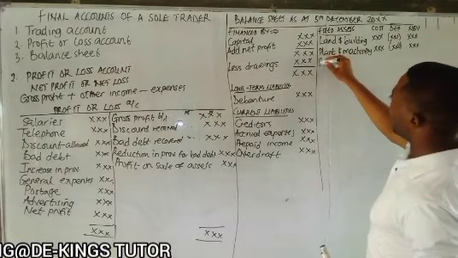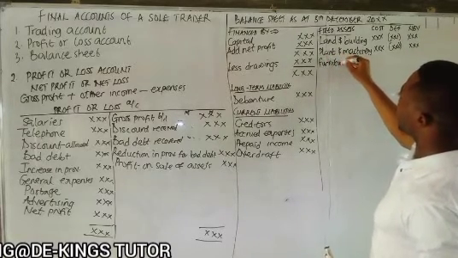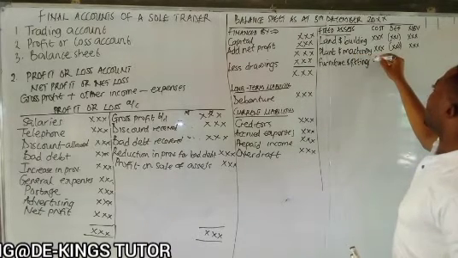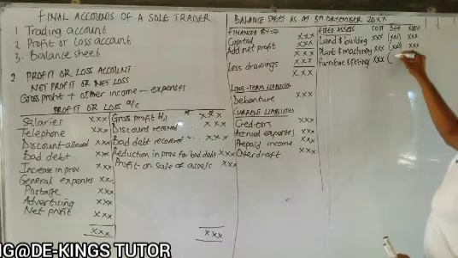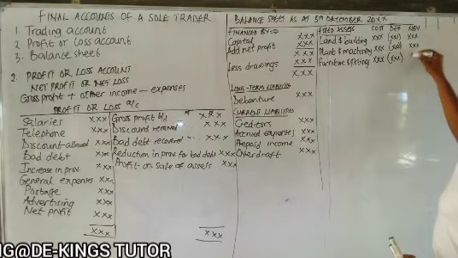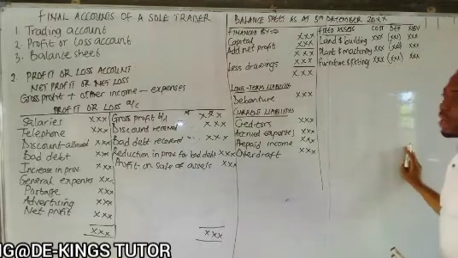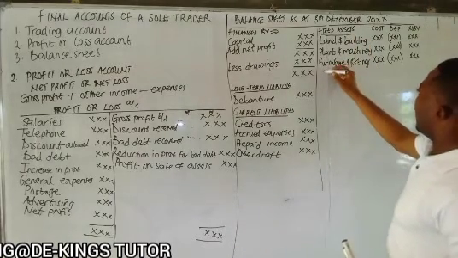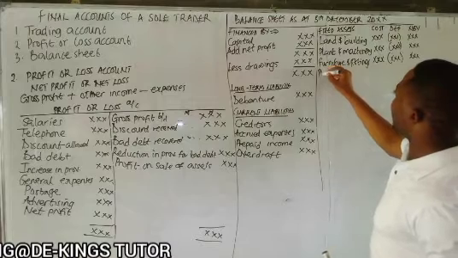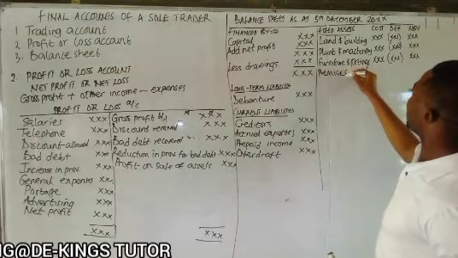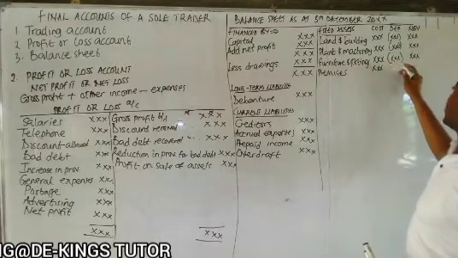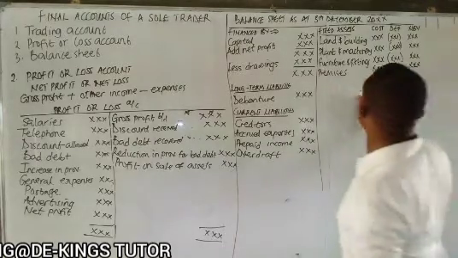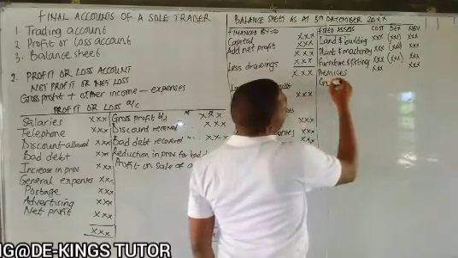Then we have furniture and fittings. We have cost minus depreciation, we get net book value. Then we have premises, with cost and net book value. Then also we can have goodwill.